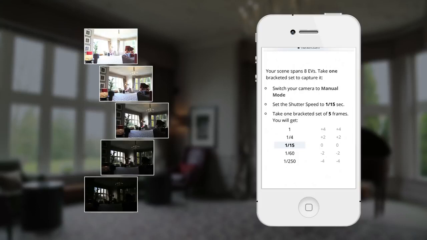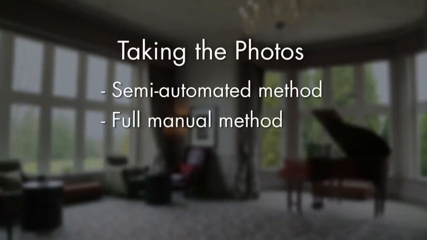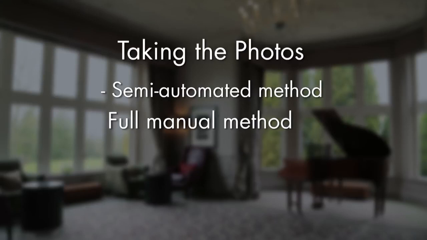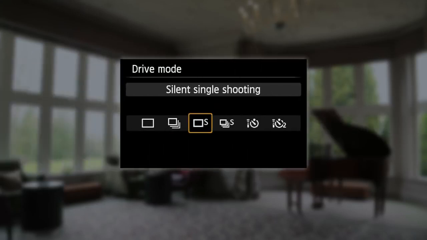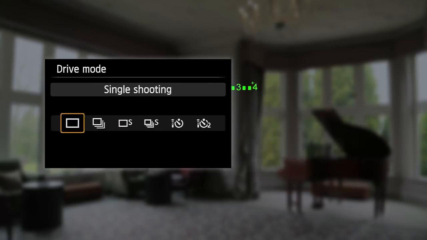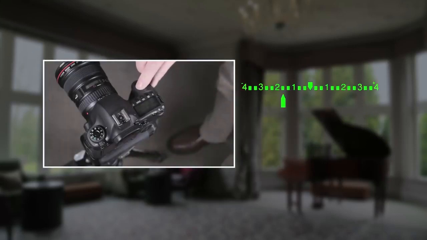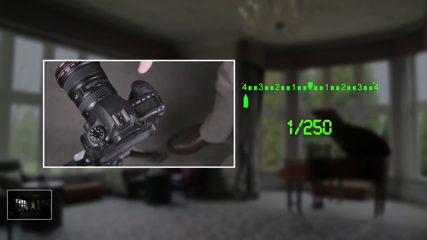If your camera doesn't have an AEB function, or you don't have access to the calculator, then there's another method to get the photos you need. Select Single Shot mode on your camera, and in manual mode, dial in the fastest shutter speed. Now take a photo. Then decrease the shutter speed by 1 stop, also known as 1 EV, and take the next photo.